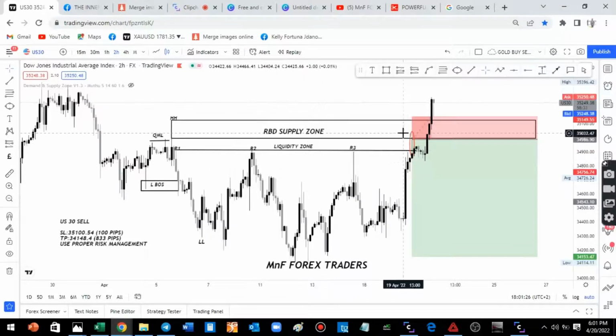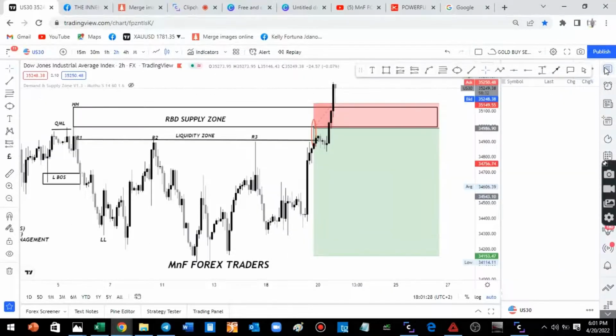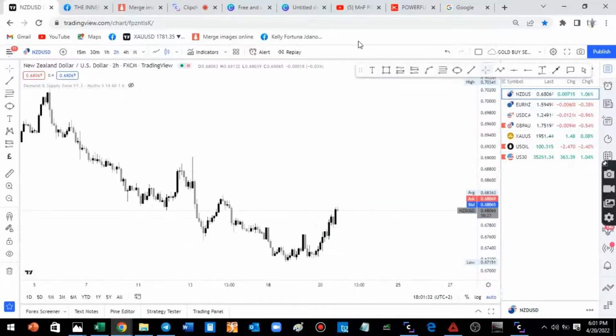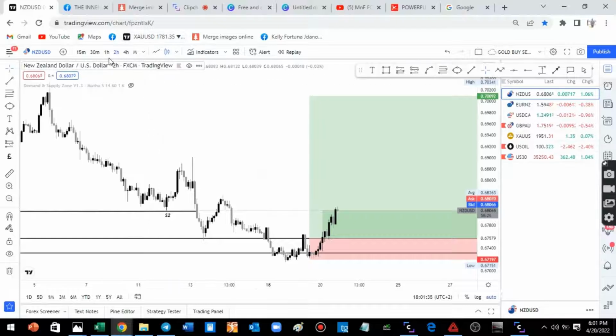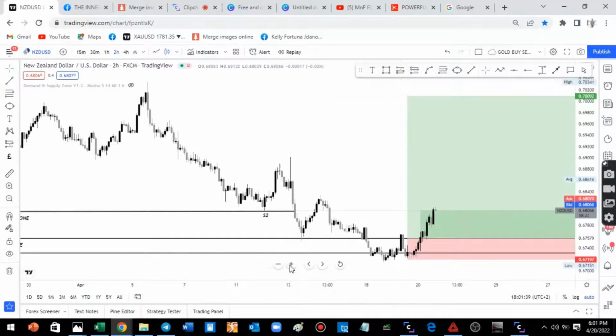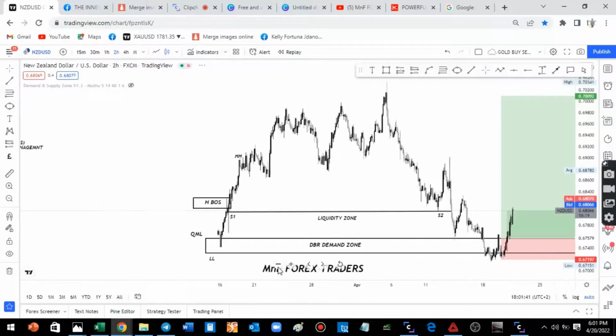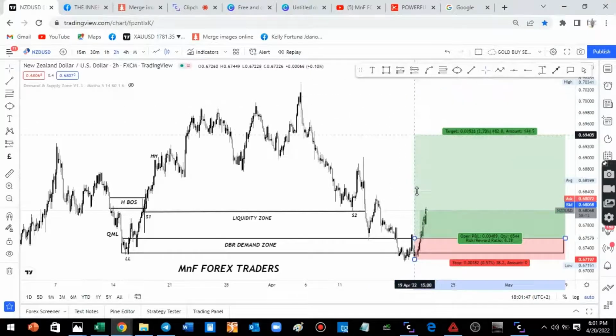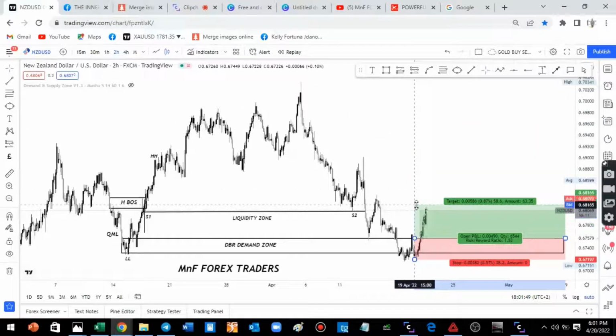All right. So let me just share some of the trades that we actually took today and yesterday. A very, very nice trade right now. You can see the NZD, very, very nice trade setup right here. And you can see that it's actually so far floating around probably like 60 pips right here.